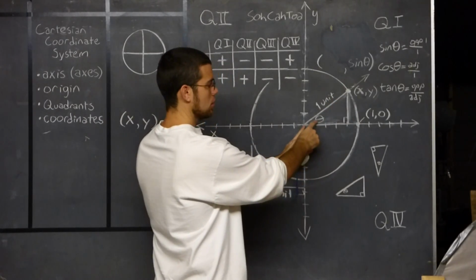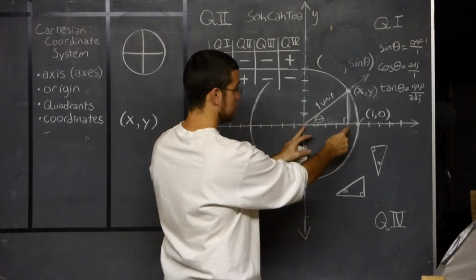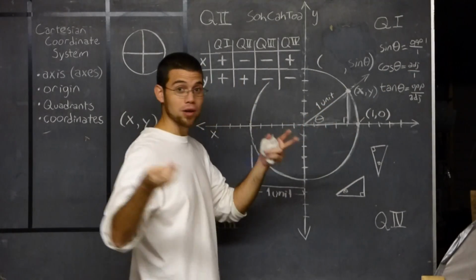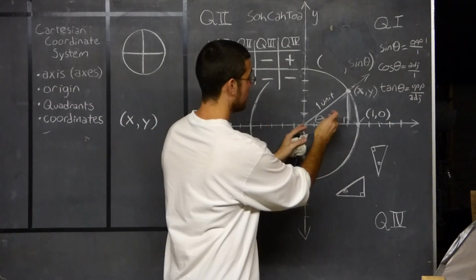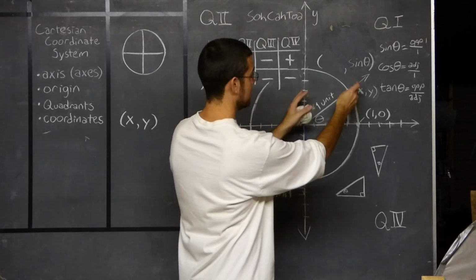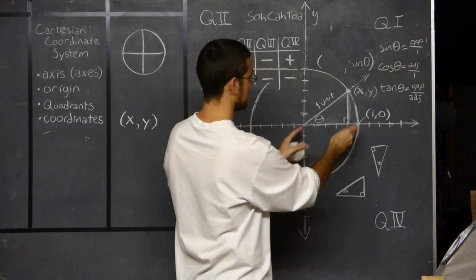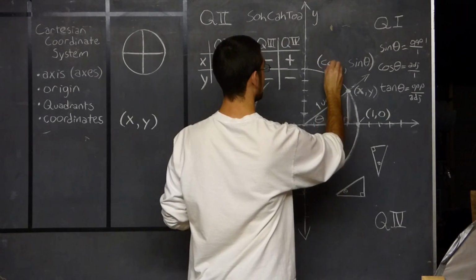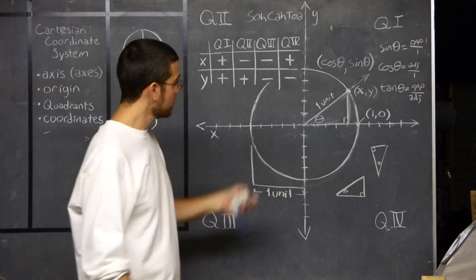Well, cosine of theta is the adjacent side divided by the hypotenuse. The hypotenuse again is 1, and so the cosine of theta is this distance. Well, that's the distance to x. The x coordinate of that point, that's that distance. So, cosine of theta.